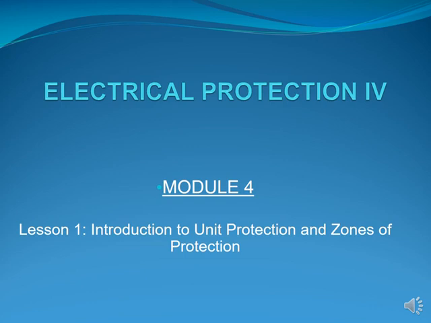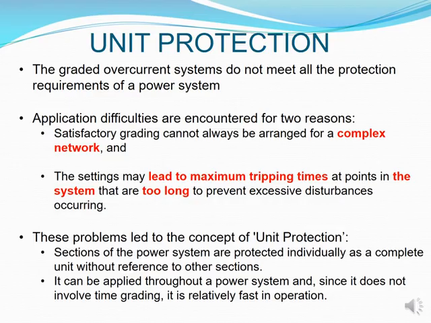So in this module, we're really wanting to look at what is unit protection and what are the zones of protection. Coming from our graded overcurrent systems, it is easily picked up that if we are not talking about a simple or a plain radial system and we start bringing in rings or a lot of interconnected systems with 2 different points of supply, it becomes more difficult to do the graded system for that protection scenario.